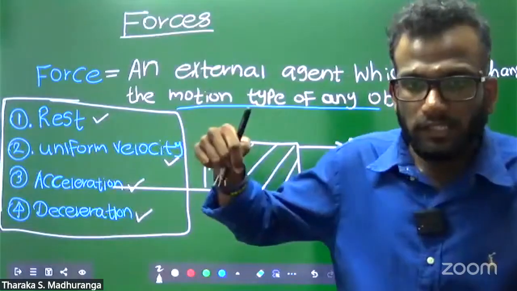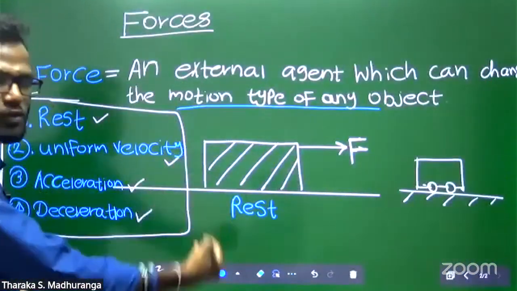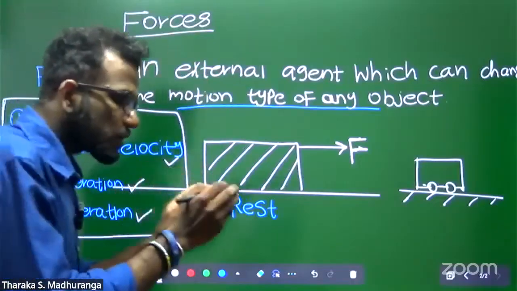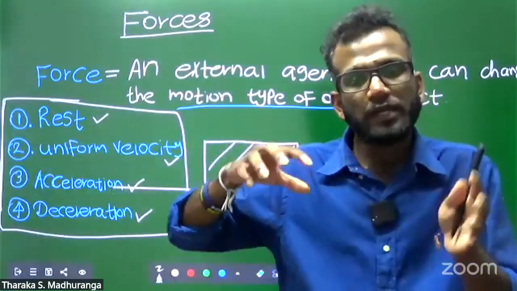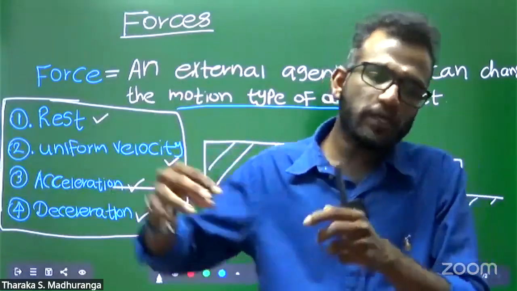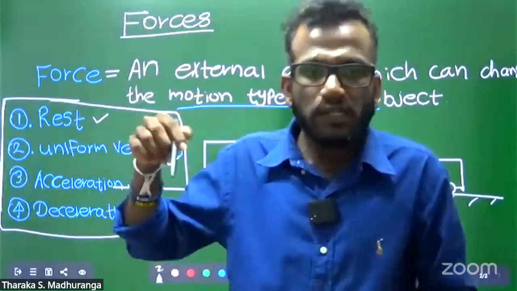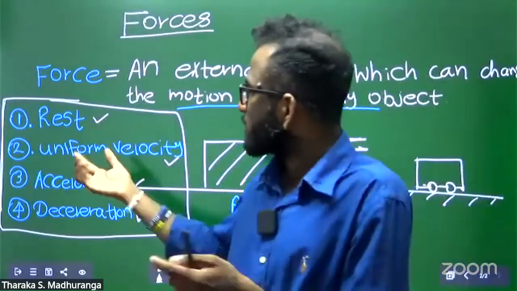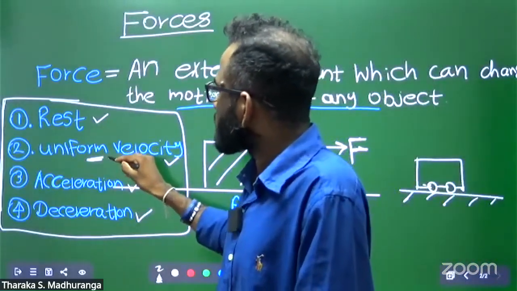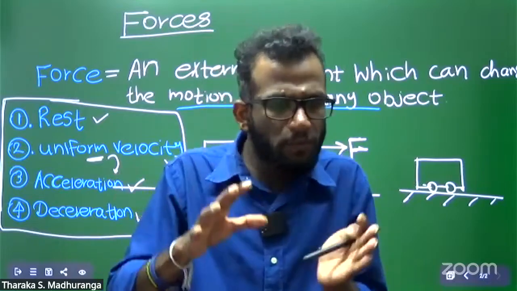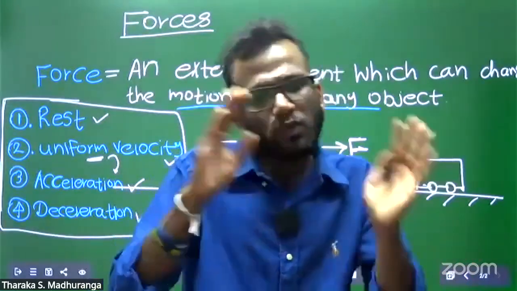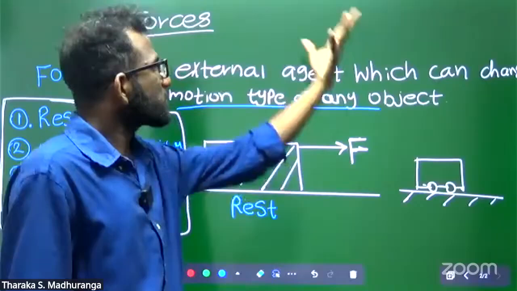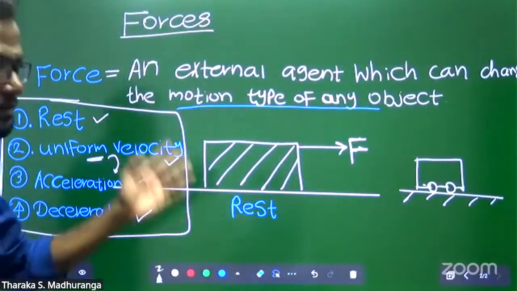This external agent can convert a rest object into a uniform velocity object, a uniform velocity object into an accelerating object, an accelerating object into a rest object, an accelerating object into a decelerating object, or an accelerating object into a uniform velocity object. Whatever changes the motion type from one to another, we call that the force.